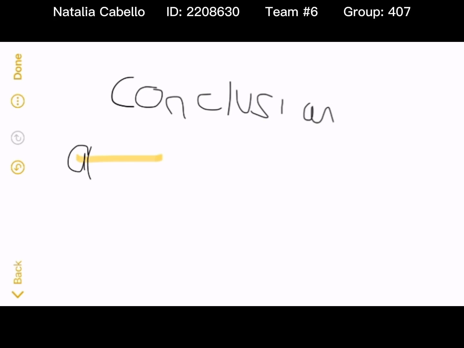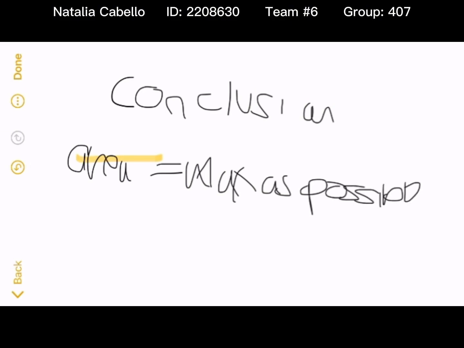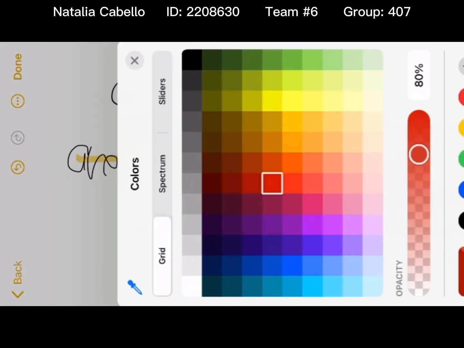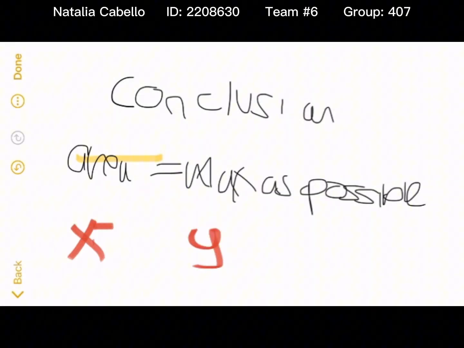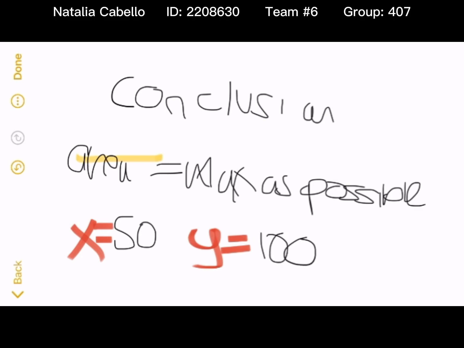Lastly, as a conclusion, we can assume that the area is as large as possible, giving us the result x and y equal to 50 and 100. And this is the conclusion of the problem that we explained. Thank you.